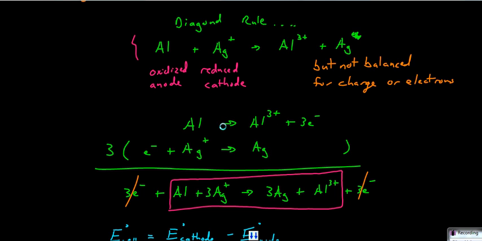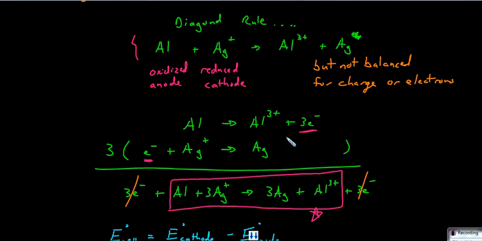But you'll see that aluminum, when it's oxidized, releases 3 electrons, yet when silver is reduced, it only absorbs 1 electron. And so to balance these two half reactions to give our overall net ionic equation, we need to multiply this bottom equation by 3 so that there will be 3 electrons absorbed when 3 electrons are released. And so there's going to be 3 silver 1s and 3 silver solids. And this is actually going to be our net ionic equation. That is the final net ionic equation.